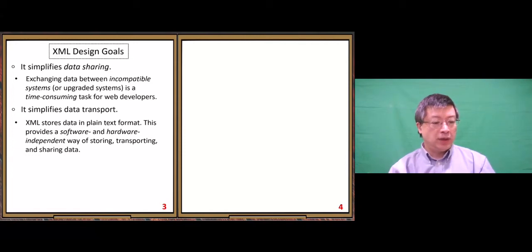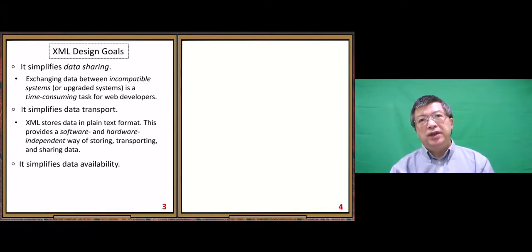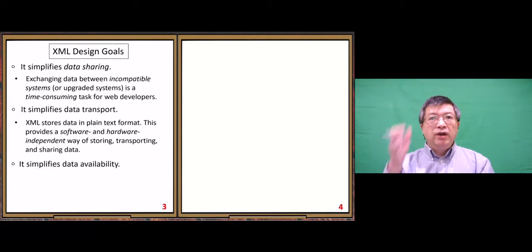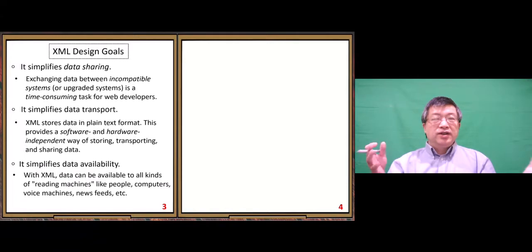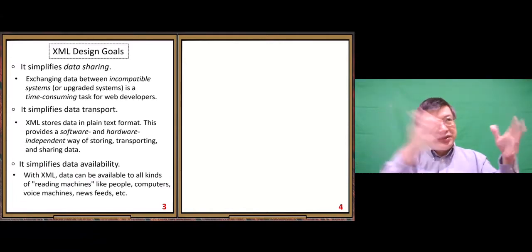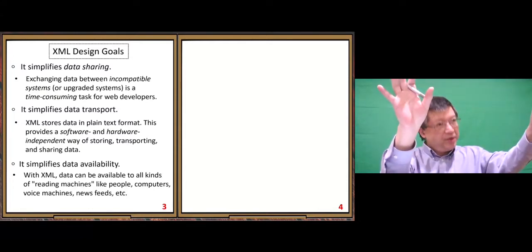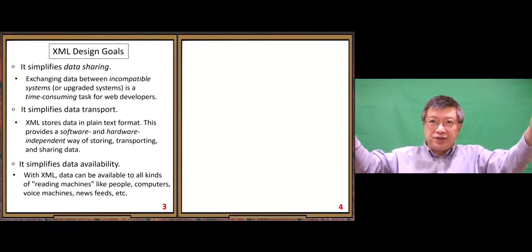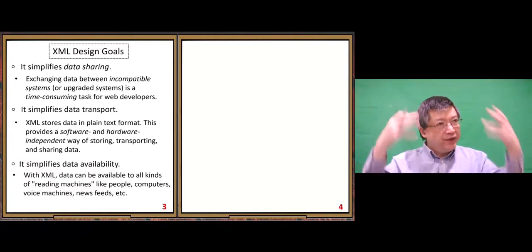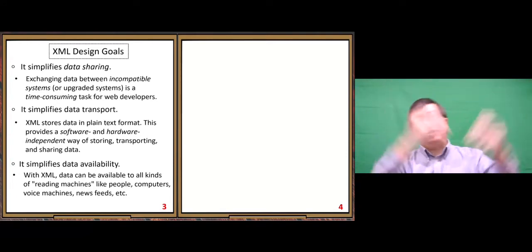It simplifies data availability. What do you mean by data availability? It is available for different devices. Using different devices, you can read the data. So here it tells the community that different devices can display this type of data easily.